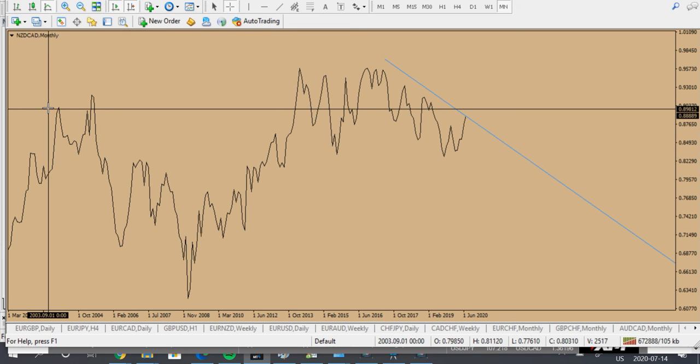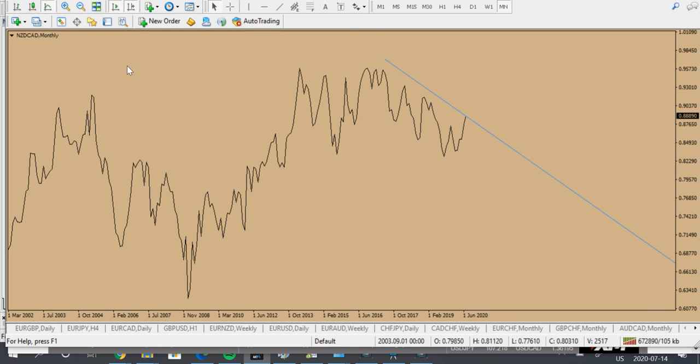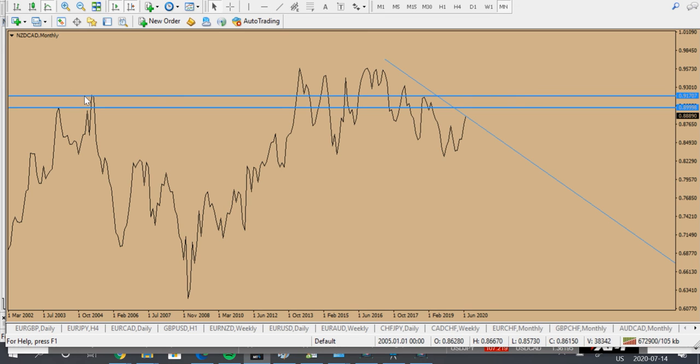Now, this is a good monthly resistance. If it enters that area, this would be a good area that I would consider for a sell.